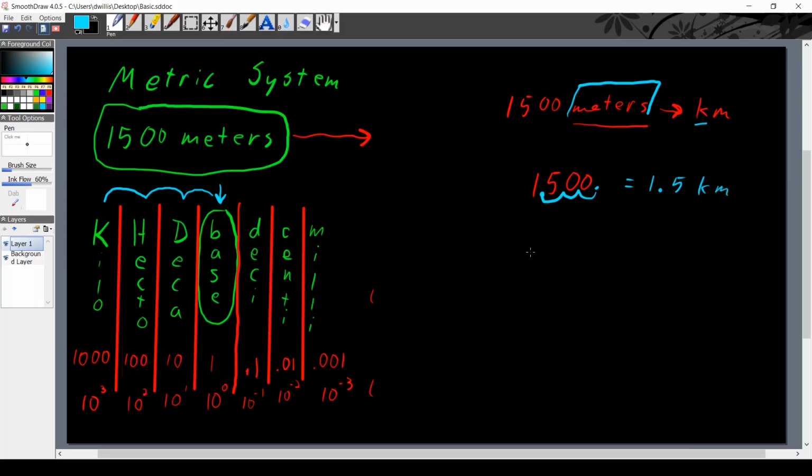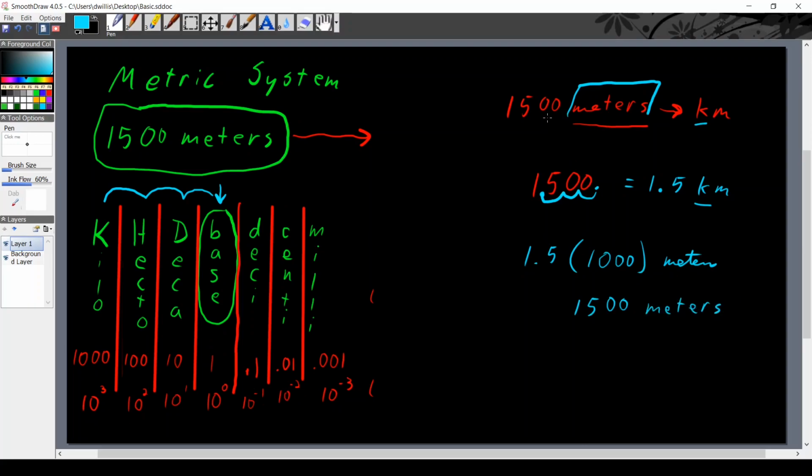And that makes sense because if we took 1.5 kilometers and expressed that as 1.5, remember kilometer is 1,000 meters, then sure enough 1.5 times 1,000 would in fact be 1,500 meters.